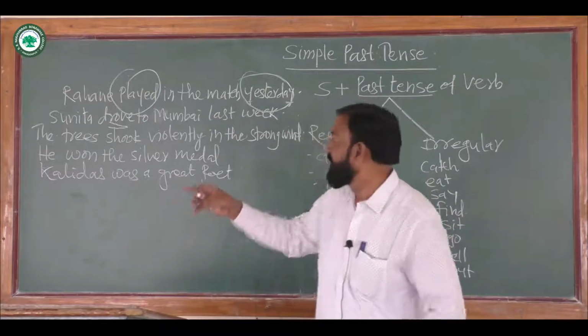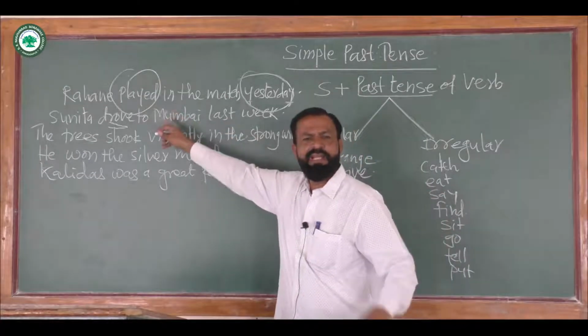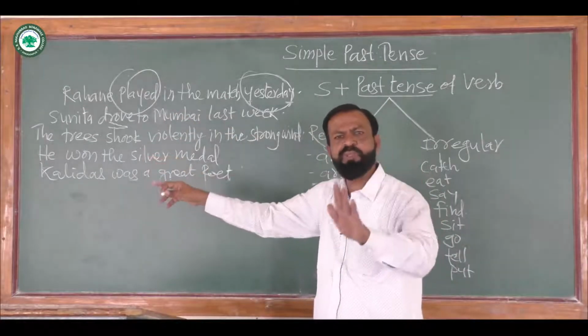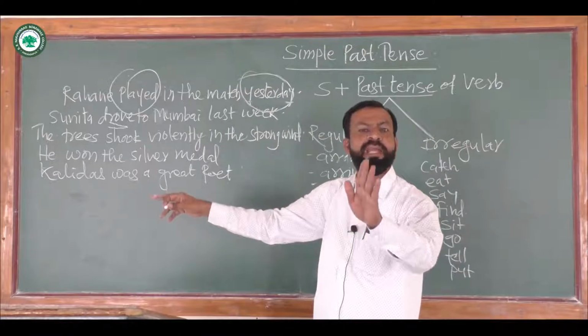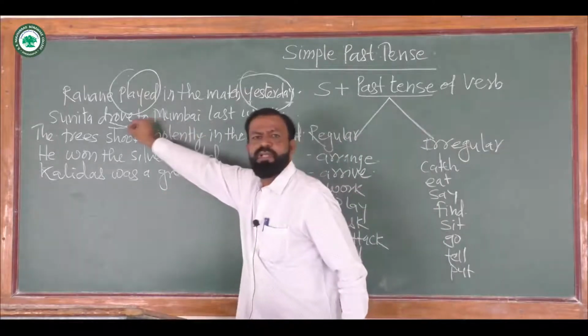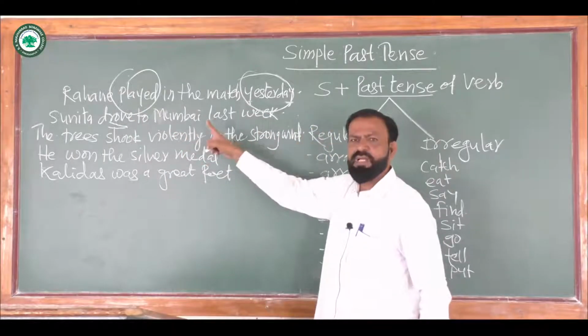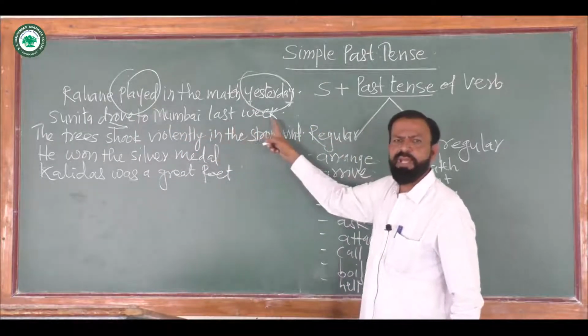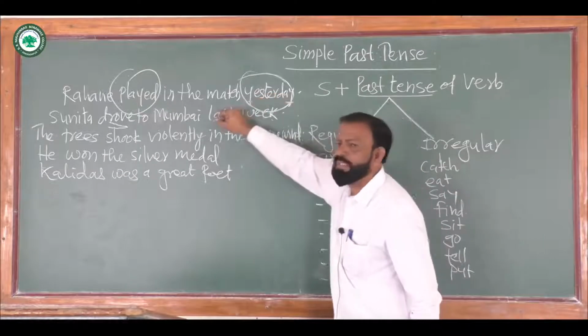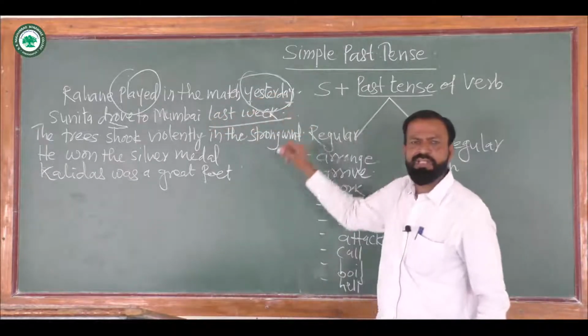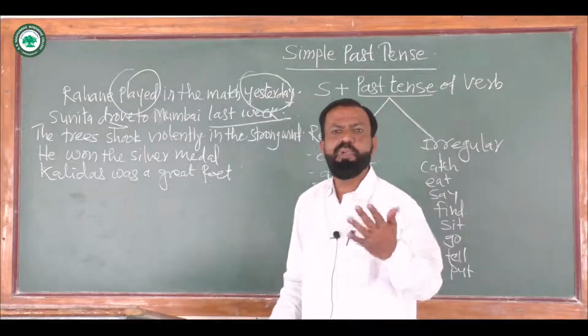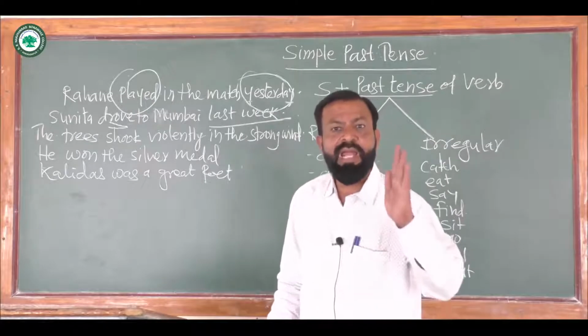In the first sentence the verb is played, a regular verb because the past tense is made by adding ed. But here, drove, ed is not added. Sunita drove to Mumbai last week. This phrase last week is again known as a time adverb.